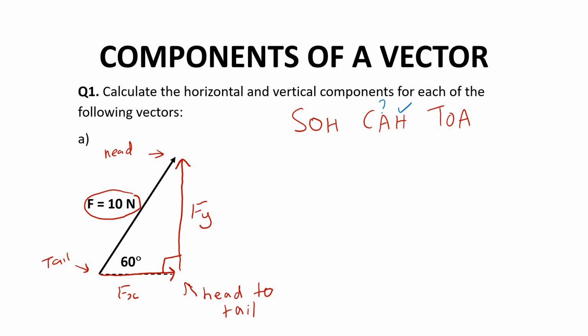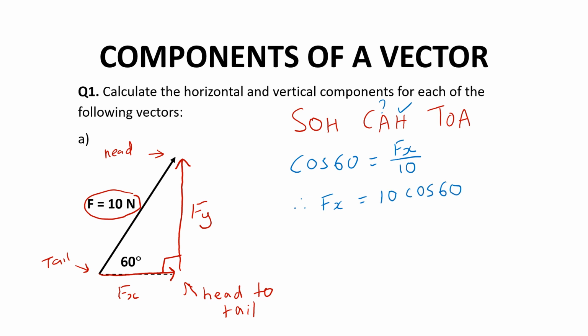So cos 60 equals adjacent, which is Fx, over the hypotenuse, which is 10. Fx is the adjacent side, next to 60 degrees, and the hypotenuse equals 10 newtons. Therefore, multiplying both sides by 10, Fx equals 10 cos 60.